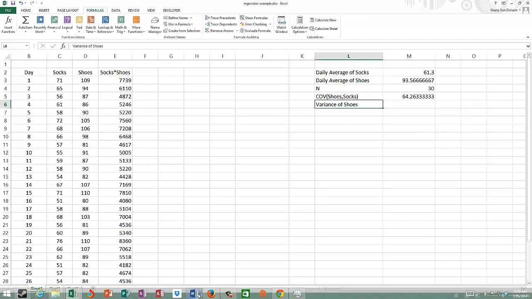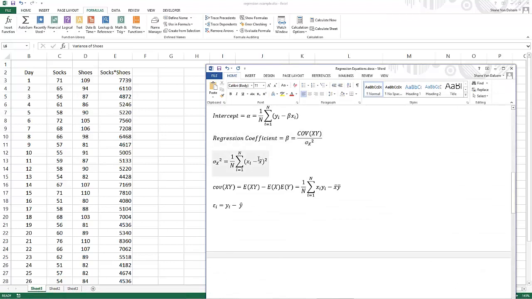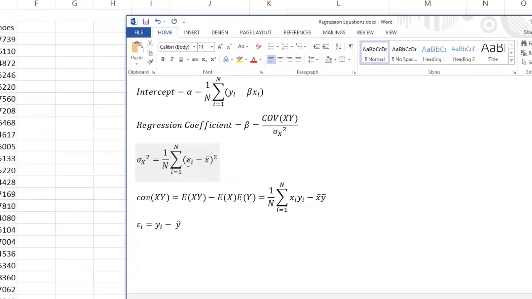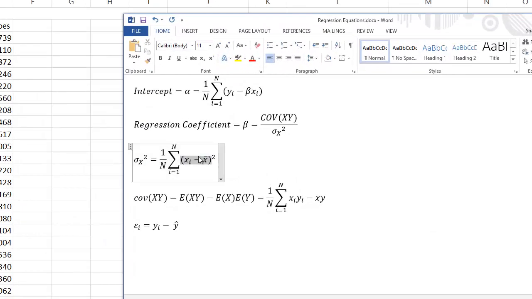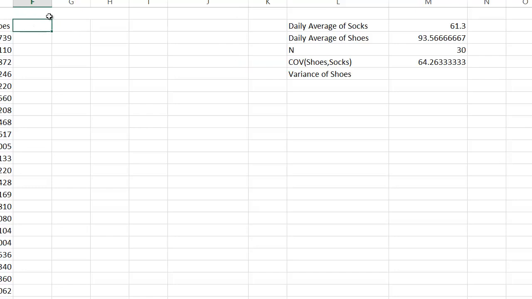Now I want to calculate my variance of shoes, and the variance of shoes will be our denominator in the regression coefficient, so I'm going to open that up. So the variance of shoes is equal to 1 divided by n multiplied by the sum of xi minus x mean squared. So I'm going to create a column of xi minus x mean squared.